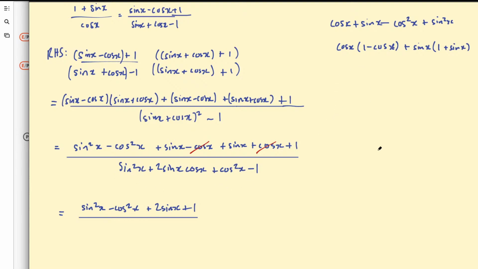Let's see. So I have a negative cosine squared. I could substitute sine squared take 1 in there, but I don't know if that helps me.